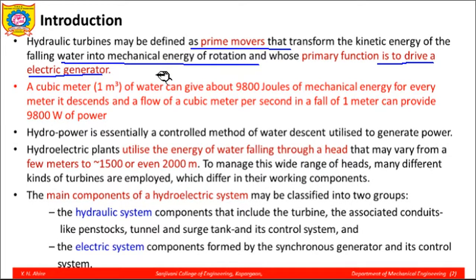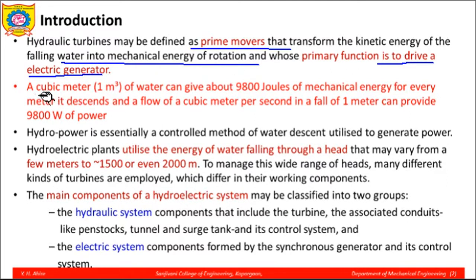So in hydraulic turbines, basically transformation of energy takes place from water energy into mechanical energy. The water energy is in the form of potential energy and kinetic energy. So that is converted into mechanical energy, that is the rotation of a shaft of a turbine.